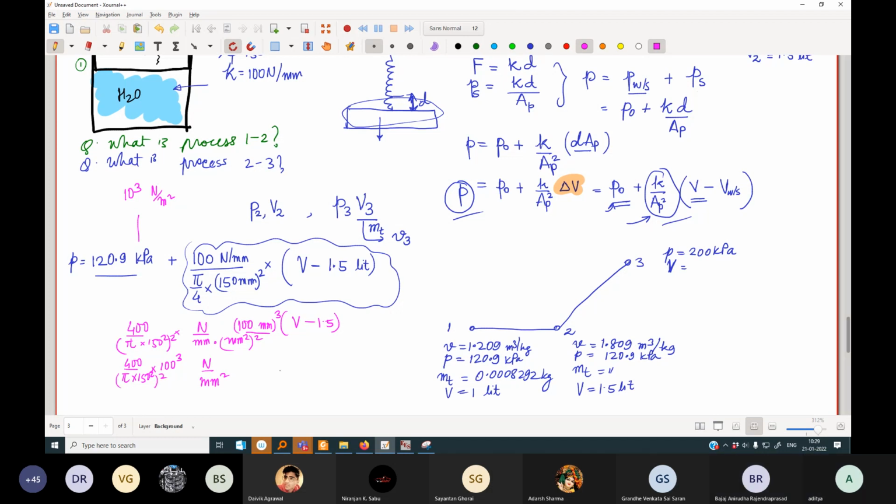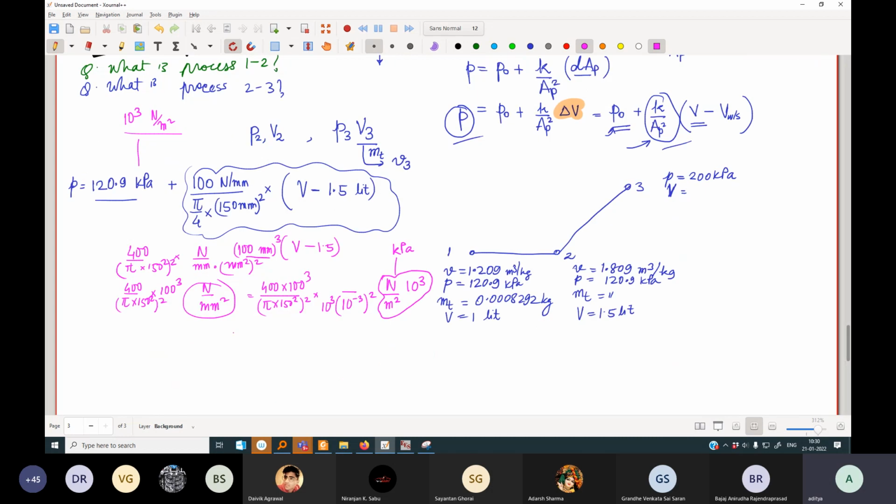Okay, so what do we get? This is 400 times 100 cubed over pi into 150 square whole square. And now we must convert this into this form. So 1 millimeter is 10 to the power minus 3 meter. So we get 10 to the power 3 squared, so we get meter square. I'll just write this over here. And we multiply by 10 to the power 3 on both numerator and denominator. So this is our kilopascal.